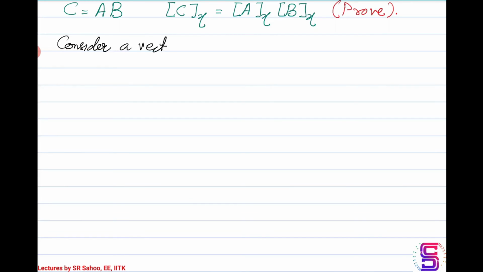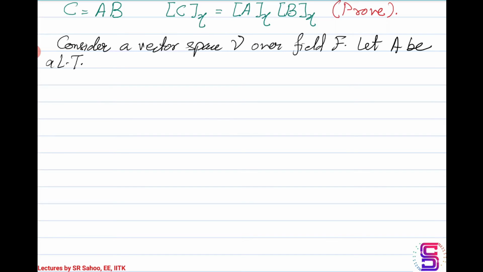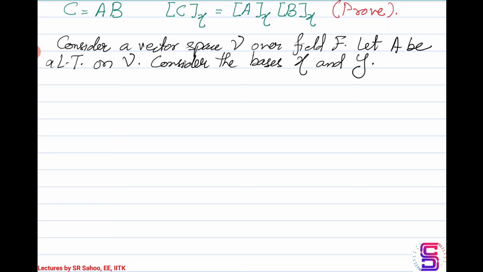Consider a vector space V over field F. Let A be a linear transform on the vector space V. Consider the bases X and Y. These bases are not equal to each other.